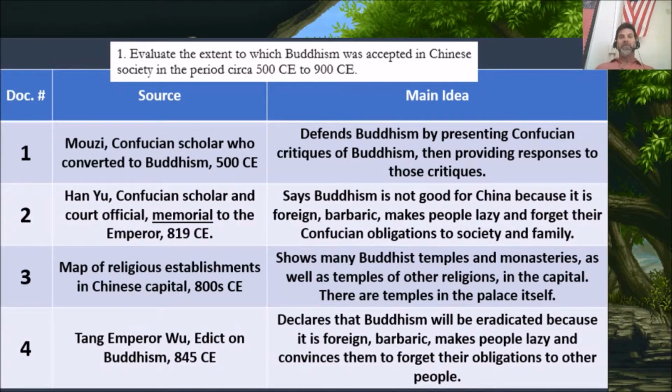It has been accepted even in the Chinese capital itself and in the palace itself, where there are some temples. But then documents 2 and 4 also go together to fit into a big argument: these are both showing you elites, members of the government, turning against Buddhism because it's foreign, because it's un-Chinese, because it has all of these weird beliefs that are against Chinese tradition and culture.